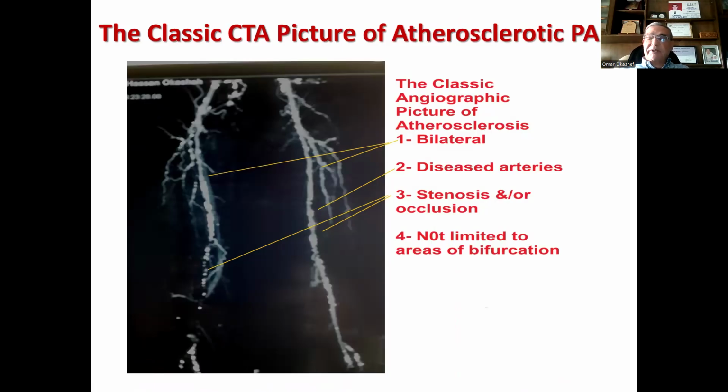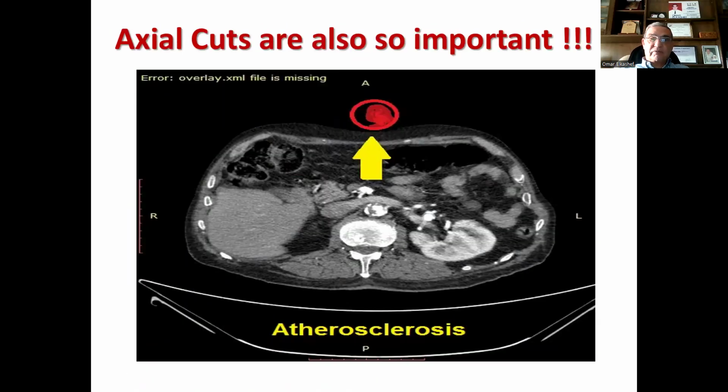So the classical CTA picture of atherosclerosis again is bilaterality, diseased arteries, stenosis or occlusion, not limited to areas of bifurcation. This is the axial cut, which is so important, showing atherosclerosis of the abdominal aorta below the renal vein, as you see.